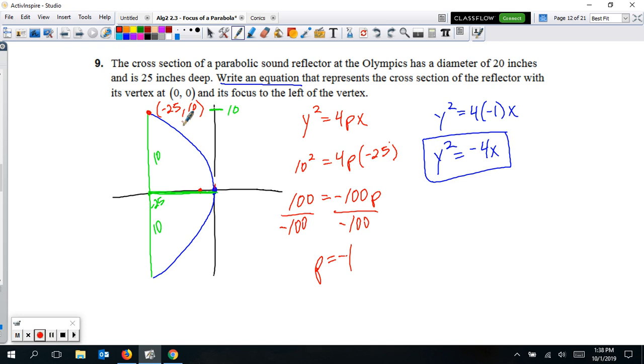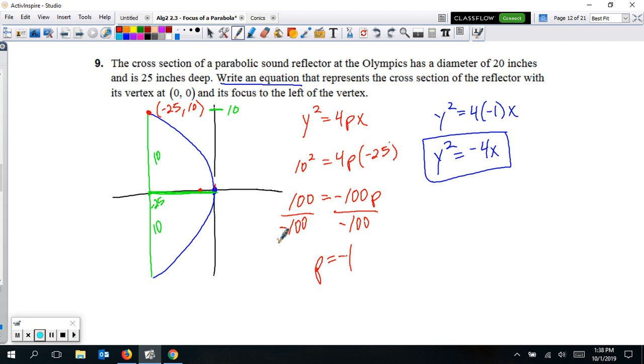I know that point. So what we can do here to figure out what the p is, we're going to use this equation with the y squared where we're switching the x and the y. I'm just going to put in these numbers for my x and my y. And so I'm going to put in for y 10, so 10 squared, which becomes 100. 4p times x, x is -25. So 4 times -25 is -100.